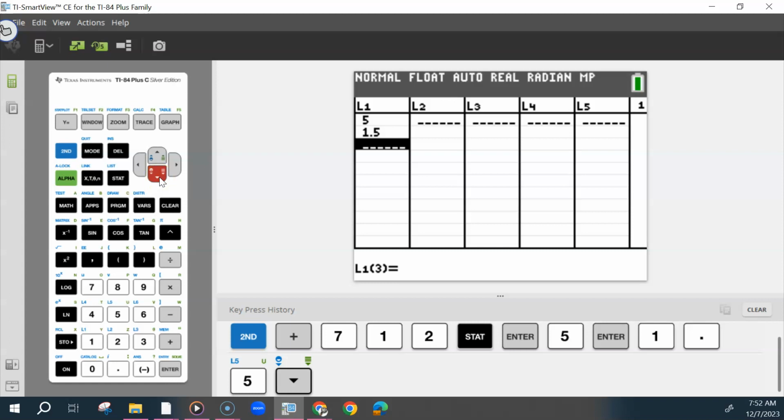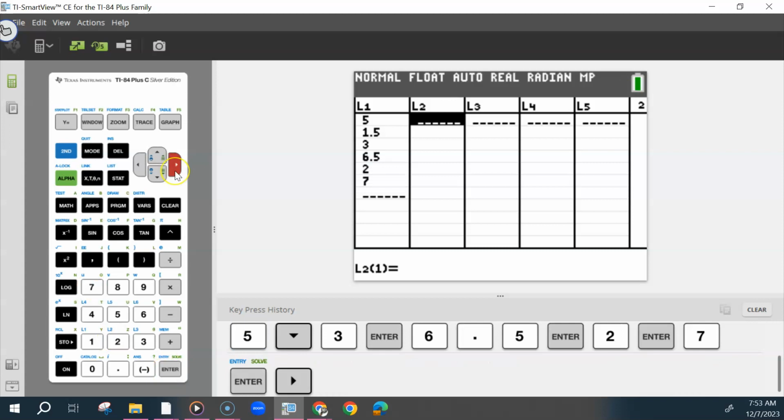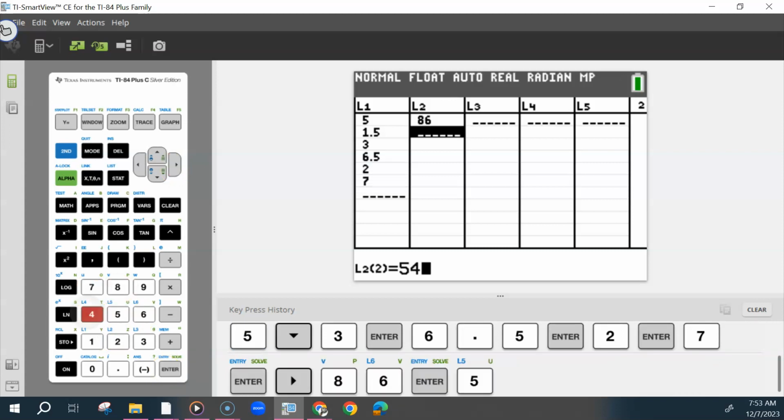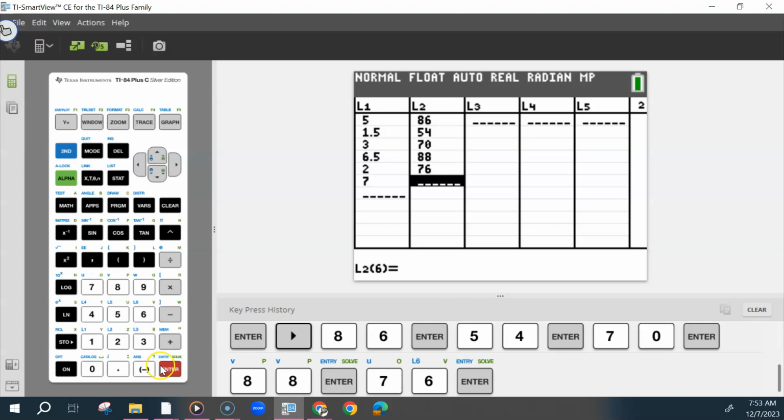X is going in L1, Y is going in L2. All of these numbers are on your paper.